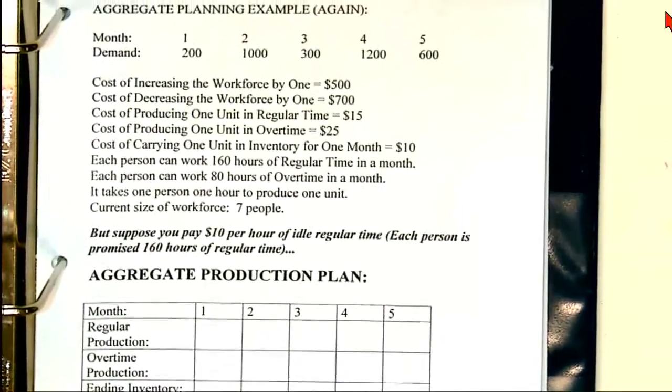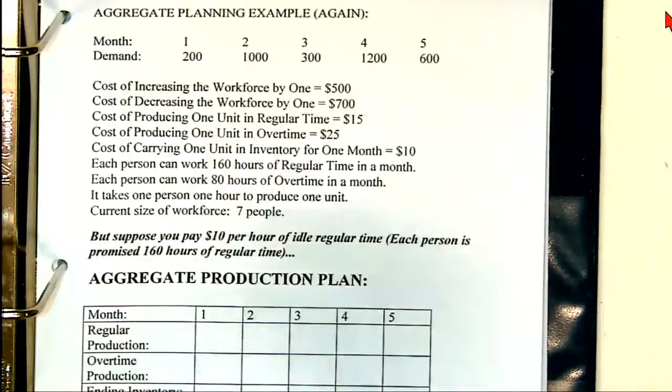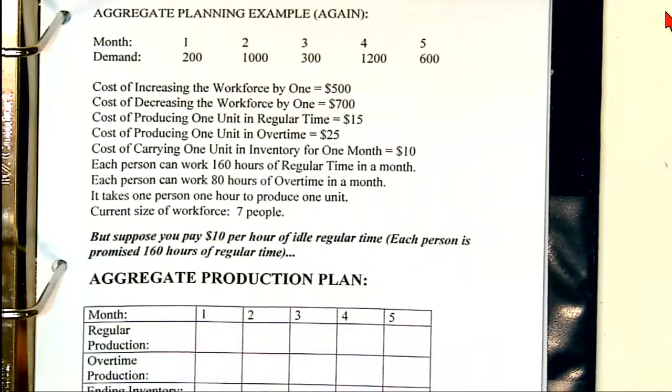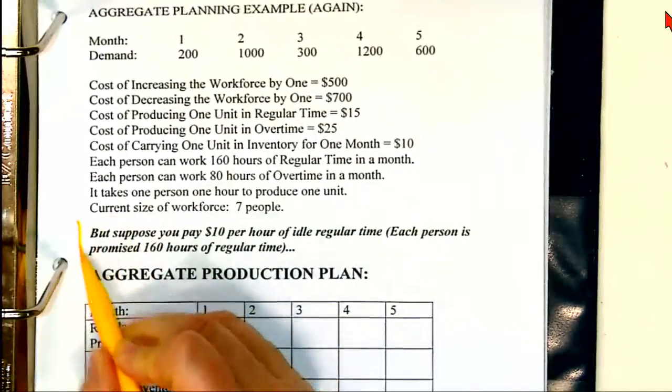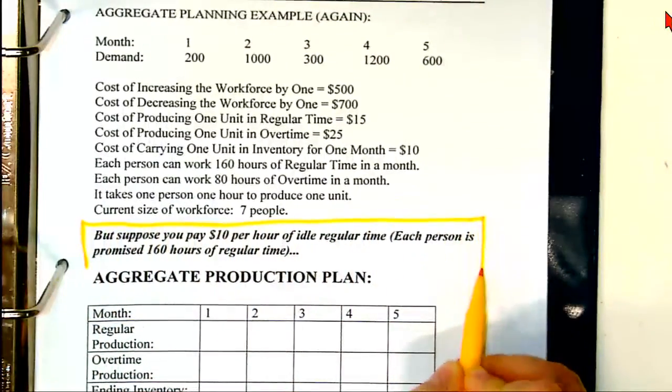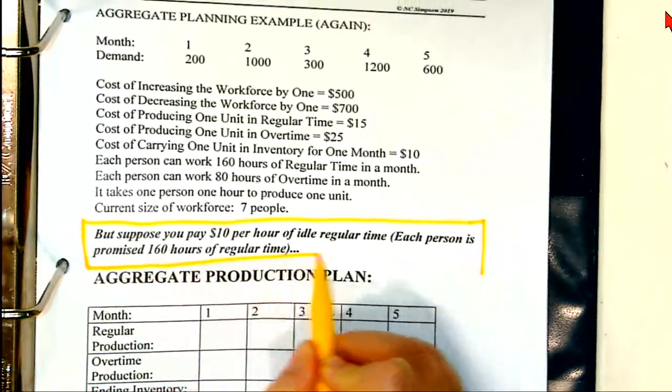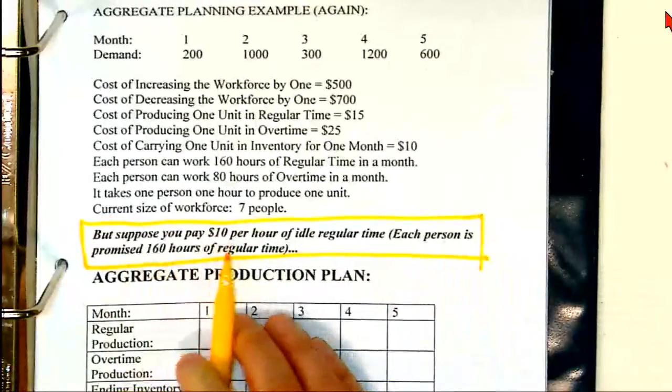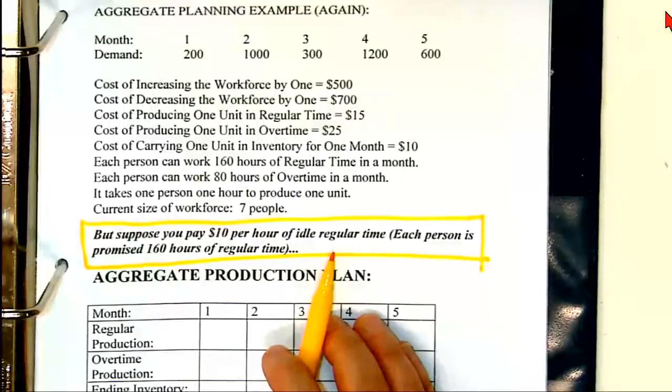If you turn to page 109, that is copy-paste in Word the exact same information. The only thing that is different on this page is a little additional factor that's much more realistic. Suppose you pay $10 per hour of idle regular time.